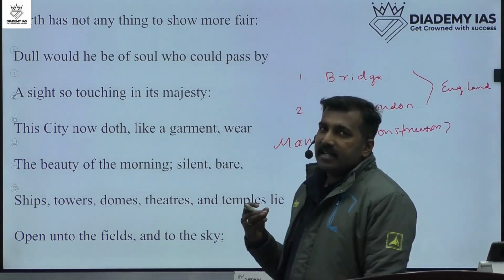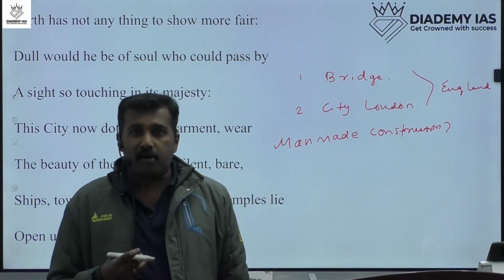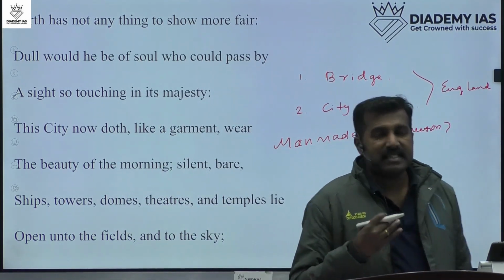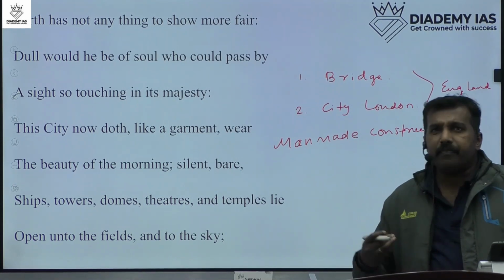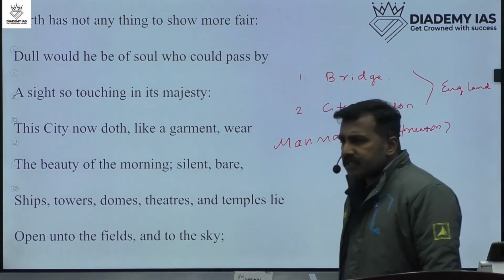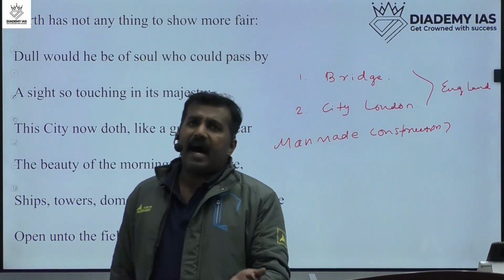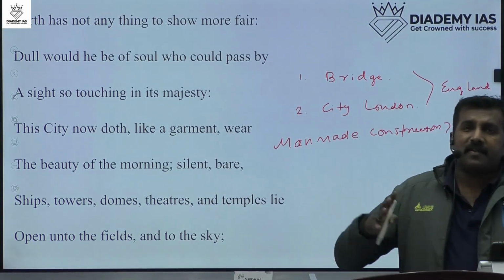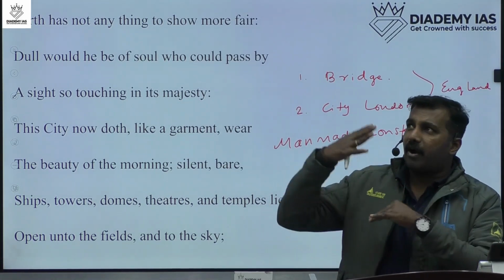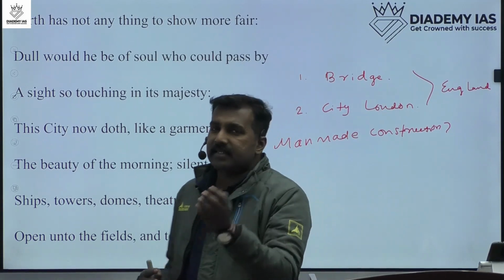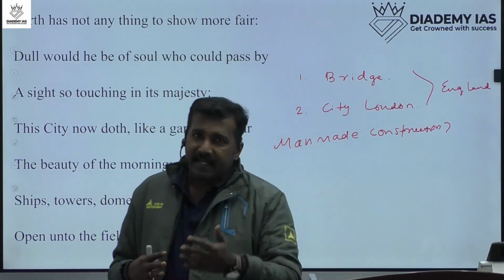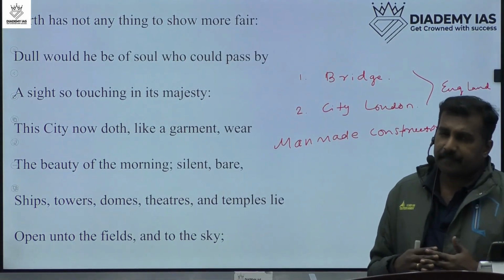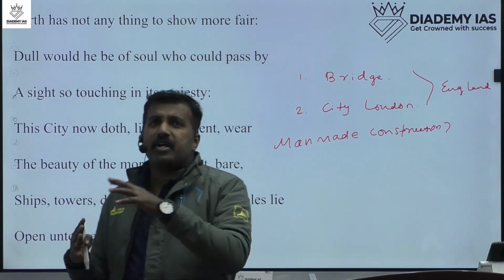So here William Wordsworth explains about the beauty of man-made construction. That is the unique theme in this poem. But when we compare the other poems of William Wordsworth, normally he explains about the beauty of flowers, stars, mountains, valleys, waterfalls, rivers, etc. All these are not man-made.